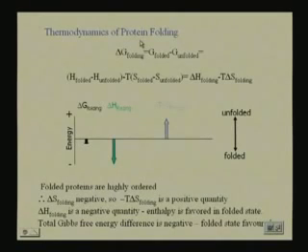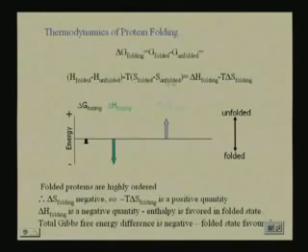Okay, the thermodynamics of protein folding. Now what we have here is, if we consider the delta G of folding, we have the initial part, which is an unfolded part, and a final part, which is the folded part. So when we are considering the delta G, we go from an initial unfolded form to a final folded native structure. So the delta G is G final, that is G folded, minus G initial, that is G unfolded.